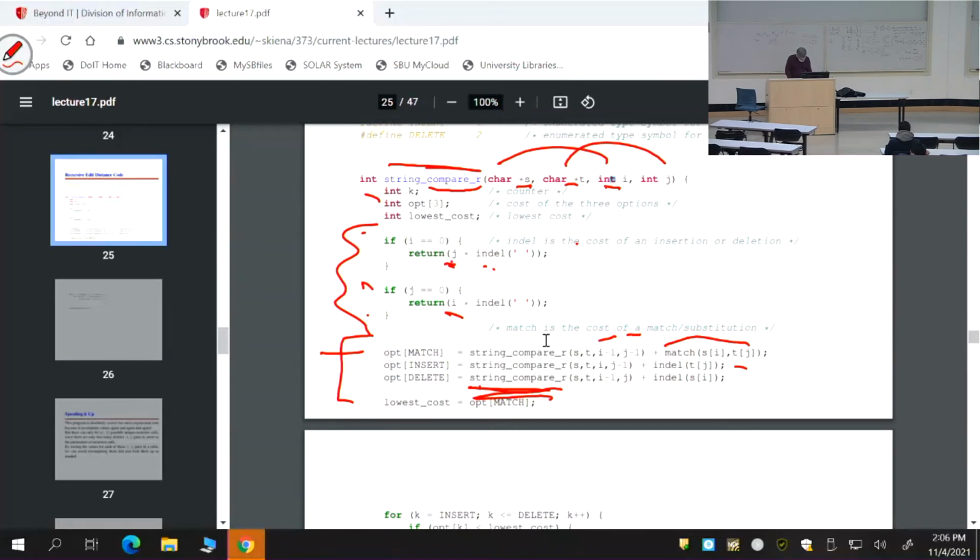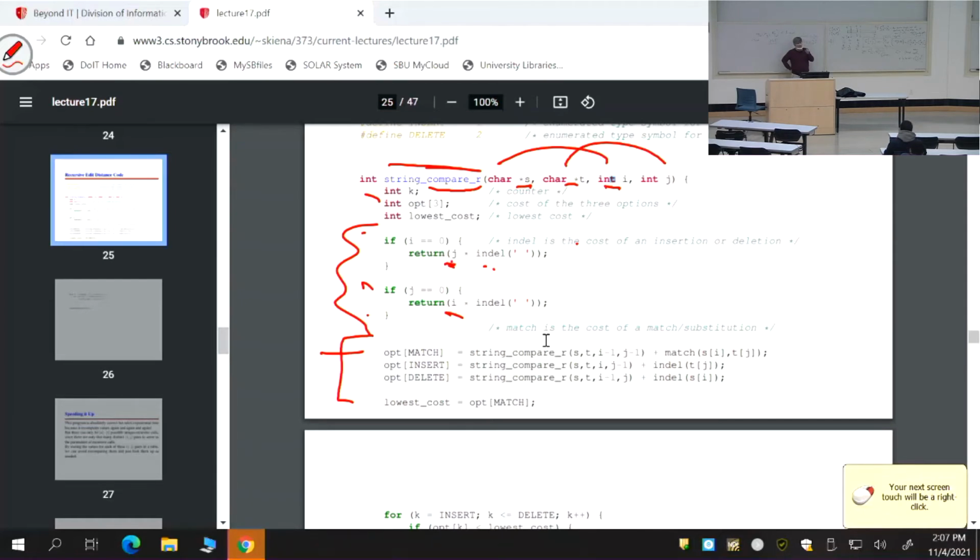The index went down to j minus 1. And if we delete the last character from the first string, after we do that, the first string has gotten shorter. Does everybody see that this is a recursive program that implements the edit distance recurrence? Any questions?